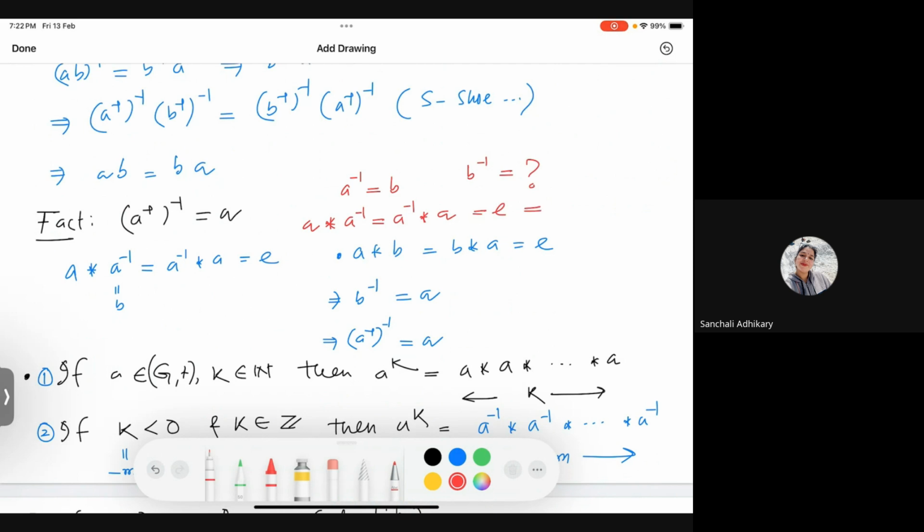So A star B is equal to B star A is equal to identity, because I take A inverse equal to B. Now from this equation, B inverse is A. And B is A inverse. So the inverse of A inverse is A. Okay, done.